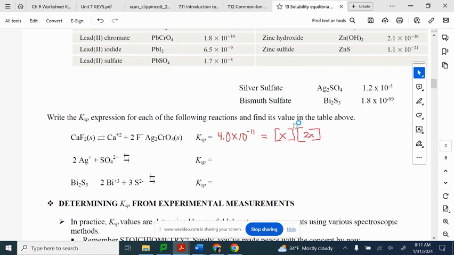But what do we have to do to that guy because of the 2 here? You got to square it. Good. So 2 squared is 4. X squared times X is X cubed. Okay.